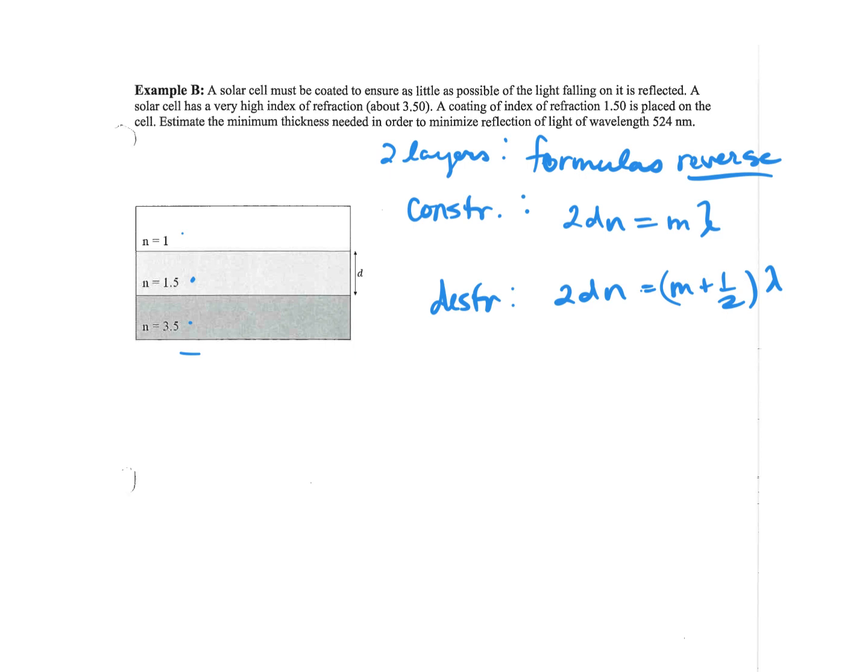Think about it: it will phase shift here, won't phase shift here, will phase shift again here. So you've got two sets of phase shifts, which is the equivalent of reversing it.